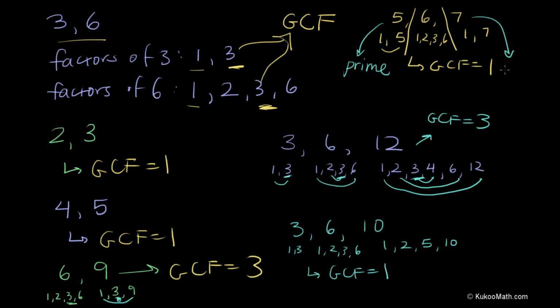This is just something a little extra to know, because there are small prime numbers and there are also big prime numbers. And in general, you will know they're prime because, again, they only have 1 and themselves as factors. So that's how to find greatest common factors.